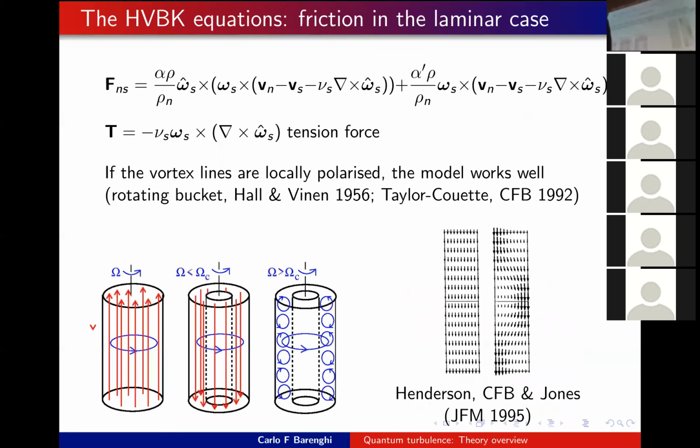Well, there is a situation in which it is somewhat clear what is the friction. In fact, it is the situation described by the Hall-Vinen papers, and it is the laminar case. So, the original physical problem was a simple bucket of liquid helium put in rotation, and that is the picture at the left-hand side.